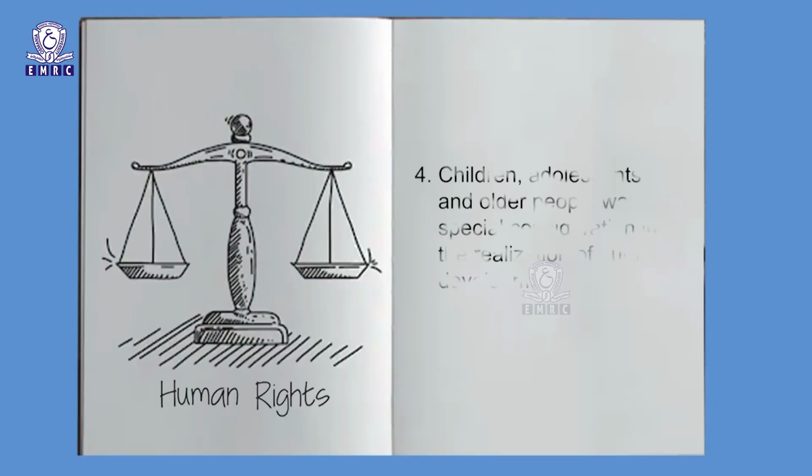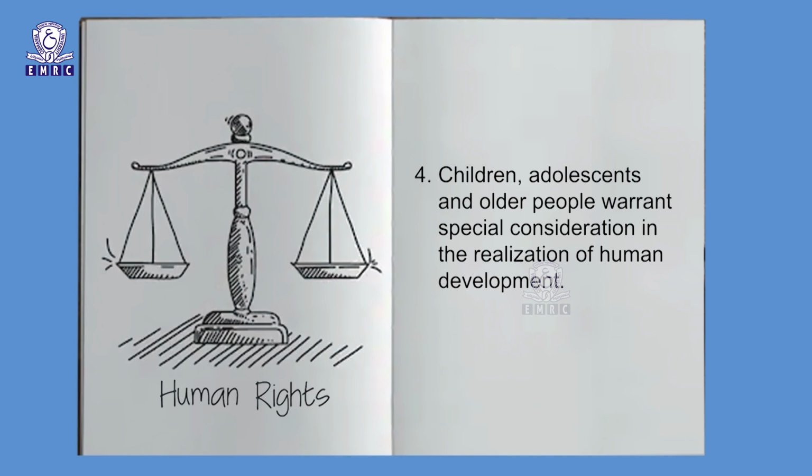The 4th one: children, adolescents and older people warrant special consideration in the realization of human development. Poor human development at an early age can have a strong impact on the rest of life. Adolescents and older people have specific vulnerabilities and human development needs which may not be adequately catered for by broadly targeted programs.